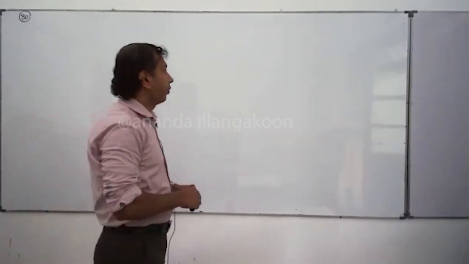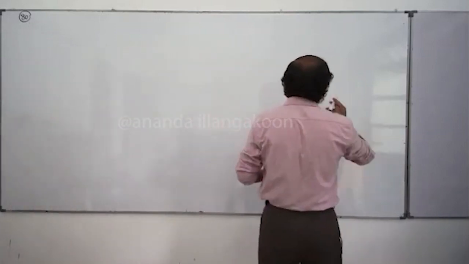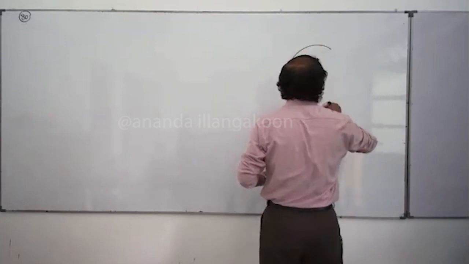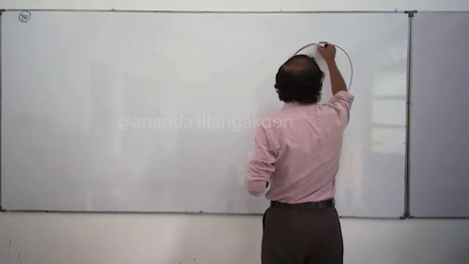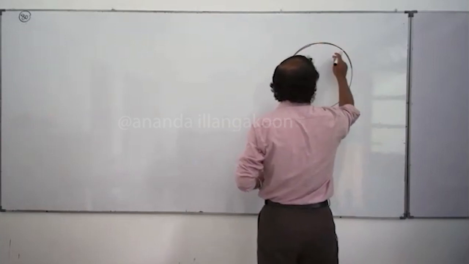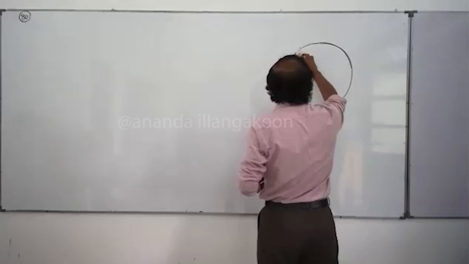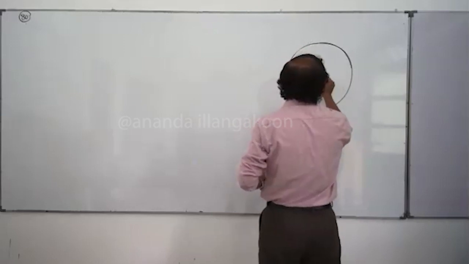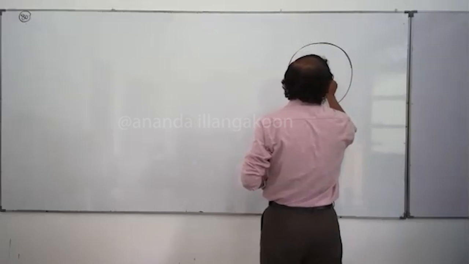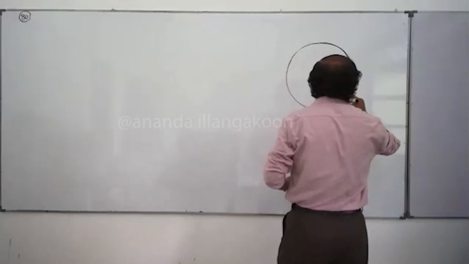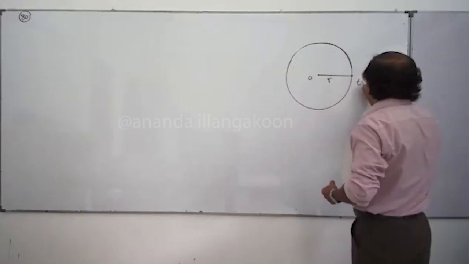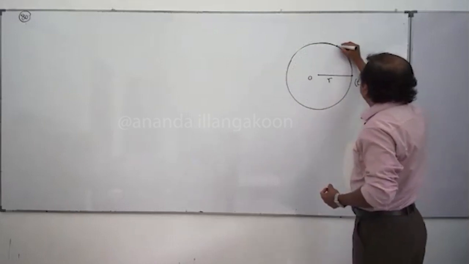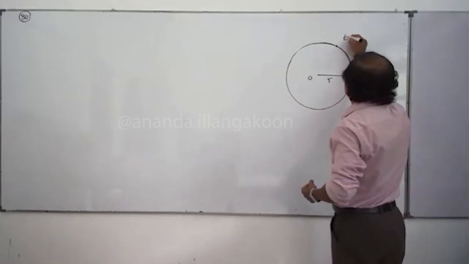Now consider a particle that moves on a circle. The center is O. Suppose the radius is R. Suppose the particle is here at t equals 0. At t equals t, the particle is here.